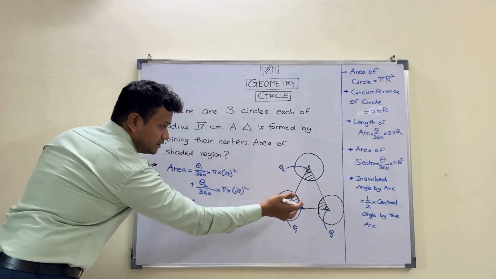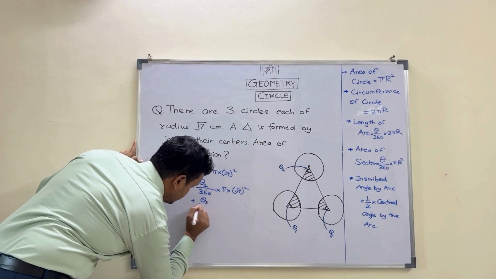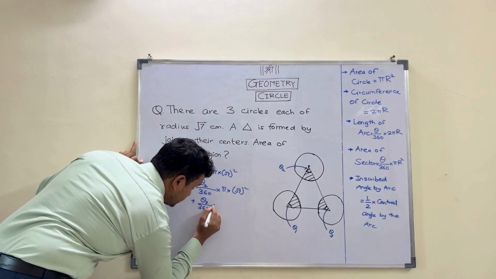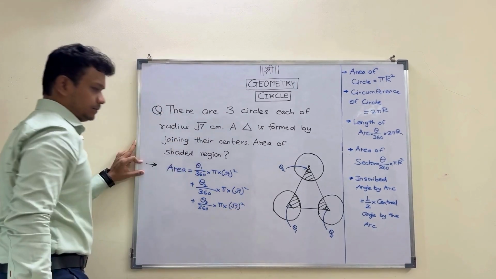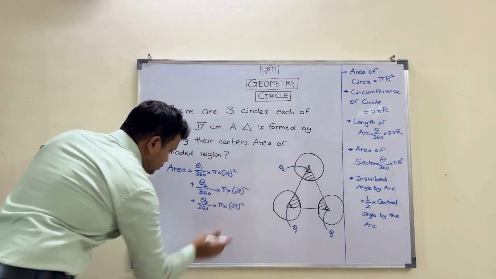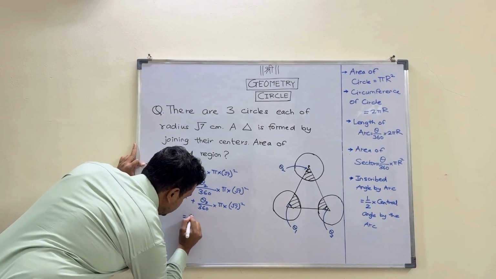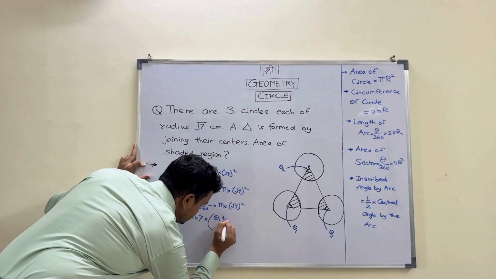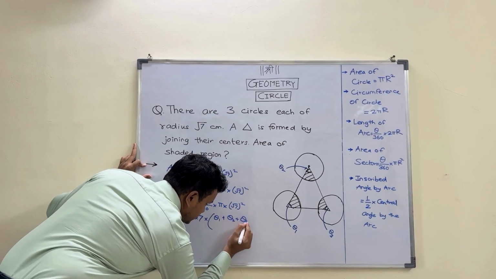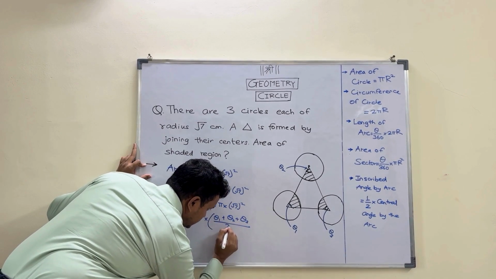What is the area of the third sector? Theta 3 upon 360 into pi into root 7 square. Correct? So let's take this pi into root 7 square common. I will simplify it with pi into 7, bracket theta 1 plus theta 2 plus theta 3 upon 360.